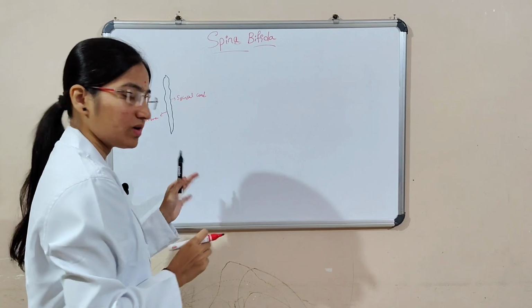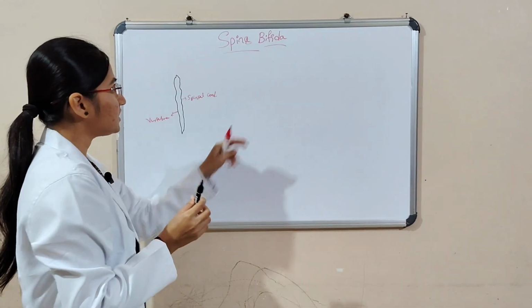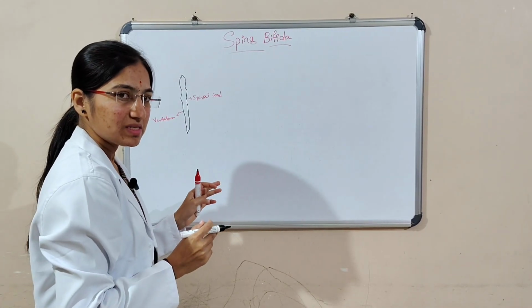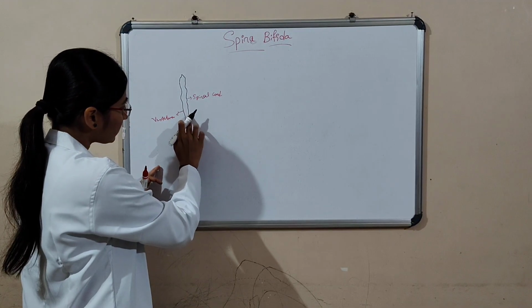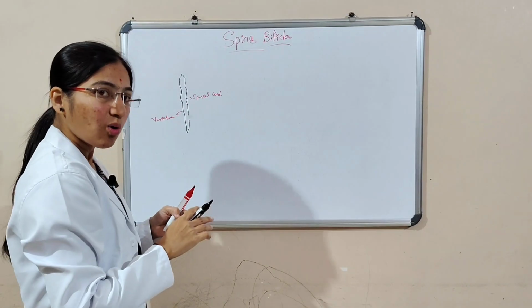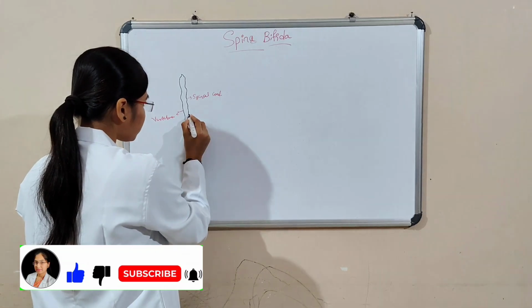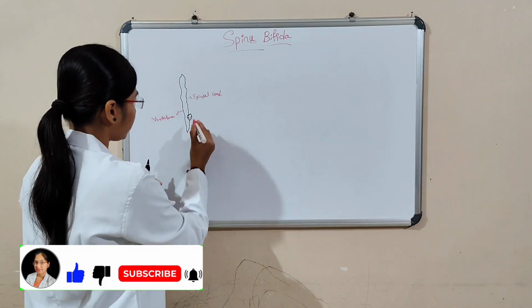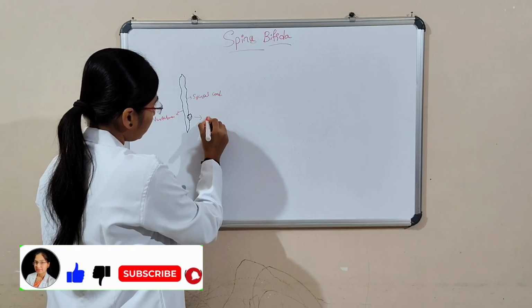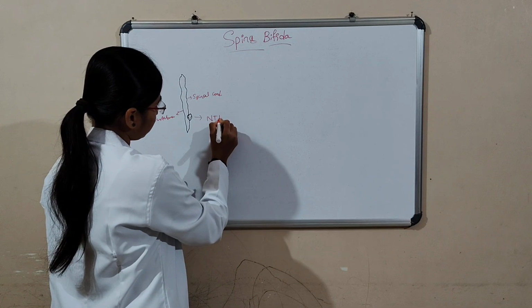This is the normal one. But in Spina bifida, what happens is, here there will be a small opening. That opening is a neural tube defect.